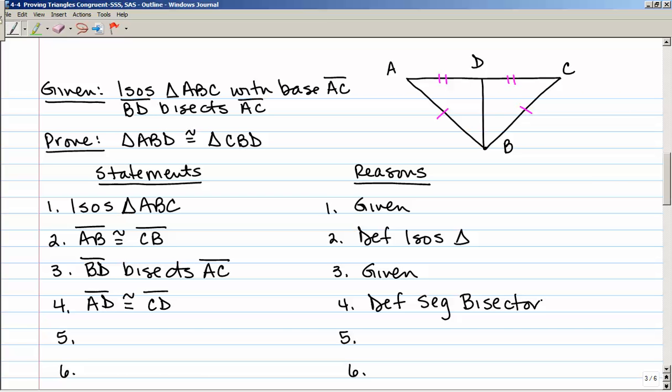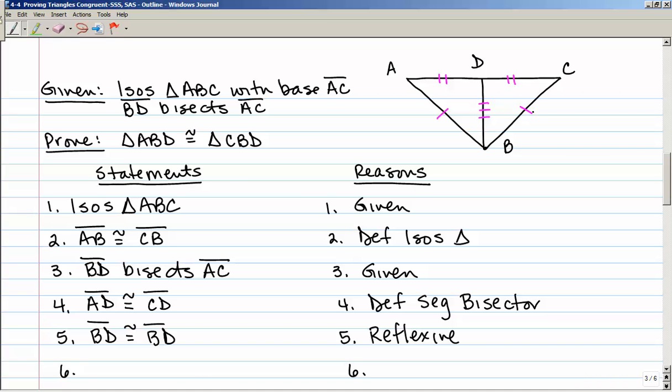Okay? Now, one thing I'm noticing is that segment BD here is congruent to itself. So I can say segment BD is congruent to segment BD. And that's our friend, the reflexive property. Now you're probably wondering, why do I have to say that? Well, it's pretty obvious that I'm going to be using the SSS postulate.